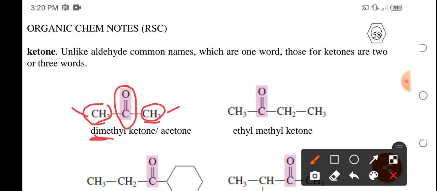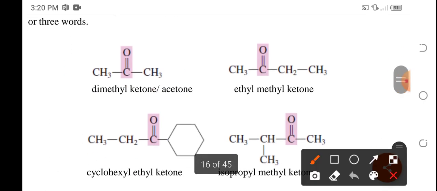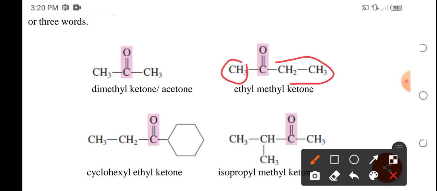So the name is dimethyl ketone, or it has a common or special name, acetone. We also have this one. It's okay if the R groups attached to the carbonyl are not the same. They can be the same or they can be different. Nevertheless, in naming, you just indicate the names of both alkyl groups, arrange them alphabetically, and add the word ketone.